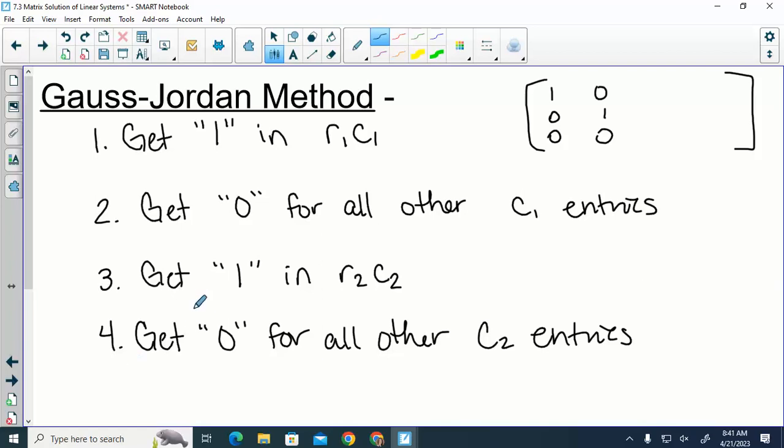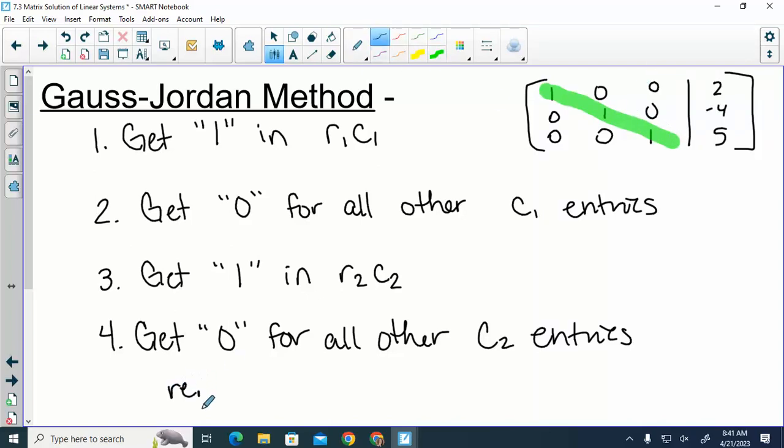So the next one would have to be in row 3, column 3, and then 0 for everything else in column 3. And when you have it set up like this, can you look at this and tell me the solution? Because this first equation would say x equals 2, y equals -4, z equals 5. Okay, so our goal is to get 1s on the diagonal and 0s everywhere else.